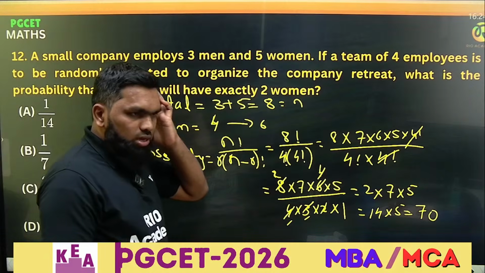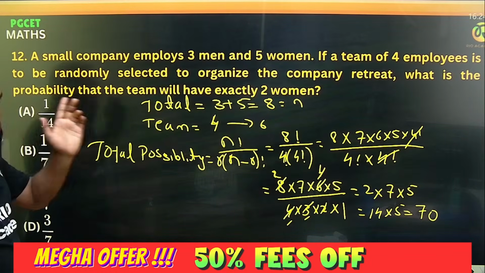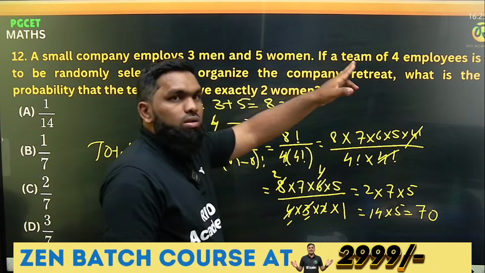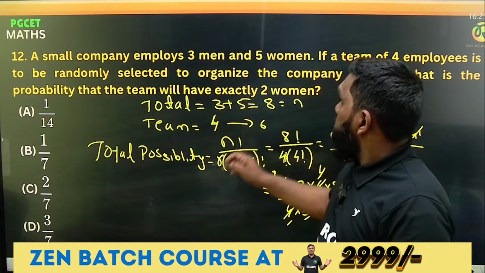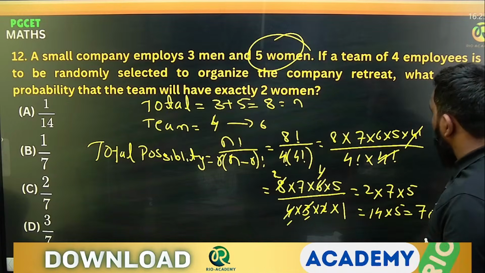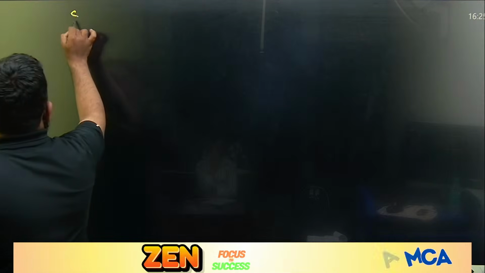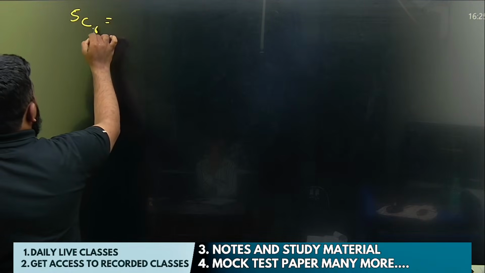Then we have to select 2 women among the total 5 women. We have to find the probability of selecting 2 women, that is 5C2.